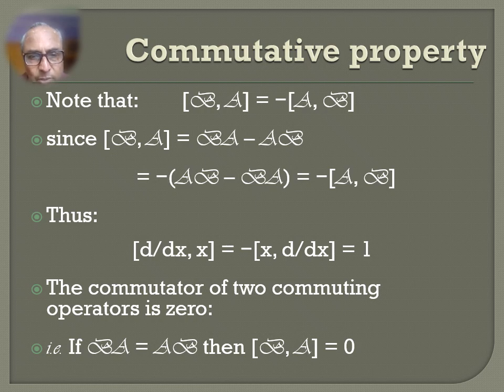The commutator of two commuting operators is 0. That is, if BA is equal to AB, then the commutator of B and A is equal to 0.